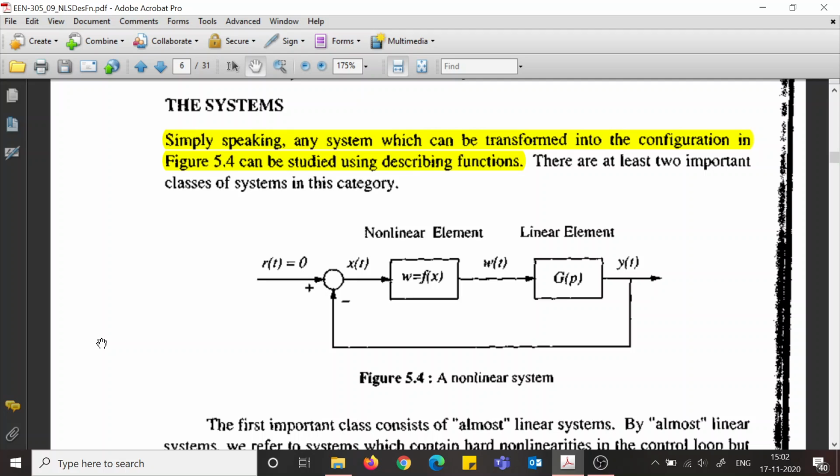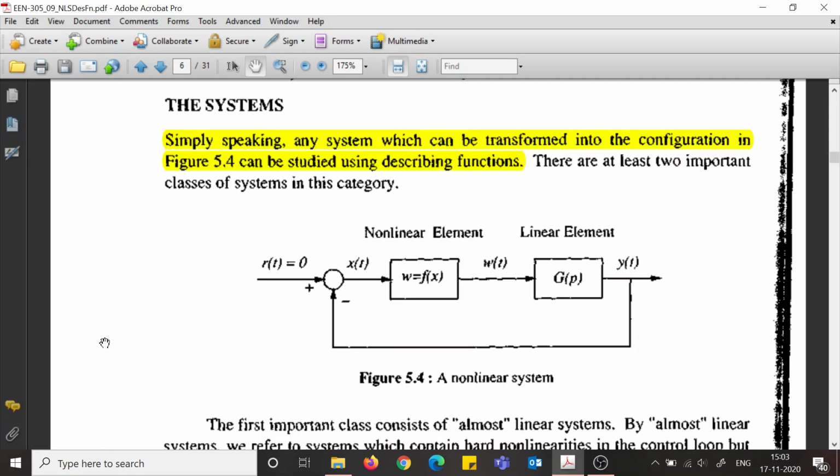Very briefly, in one line: the input is a sinusoid, and it results in a periodic signal, and we approximate that periodic signal with a sinusoid of the fundamental frequency only. There are a lot of other sinusoids also, but we assume that the amplitudes of those sinusoidal signals are very small. This is a fundamental assumption of the describing function analysis.